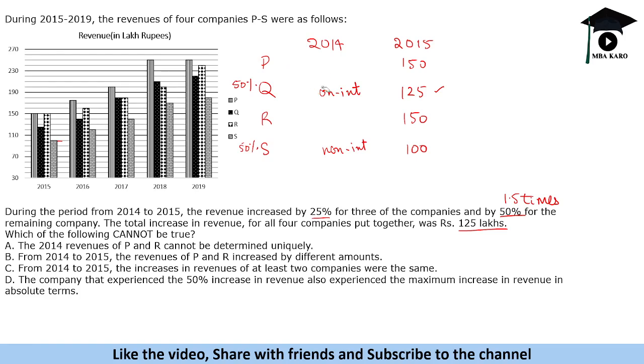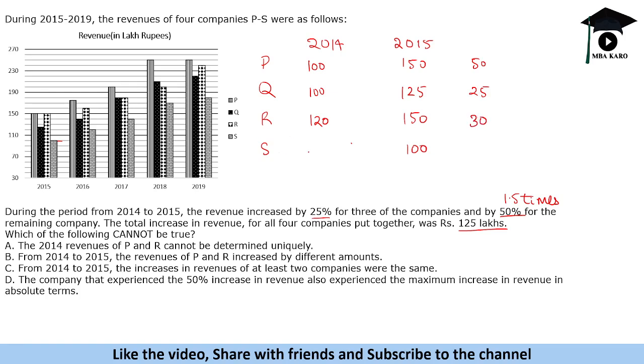Okay, so let us do one thing. Since both of them have the same revenue, we will make two cases. One case is a 50% increase for P, and one case could be a 50% increase for R. So let us take the first case. P went from 100 to 150, an increase of 50. Okay, Q went from 100 to 125, an increase of 25. R had a 25% increase, so R would be 120.